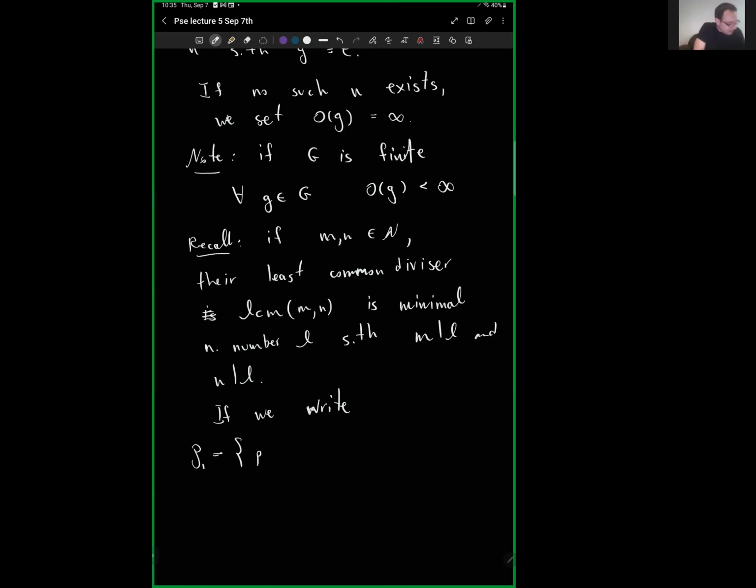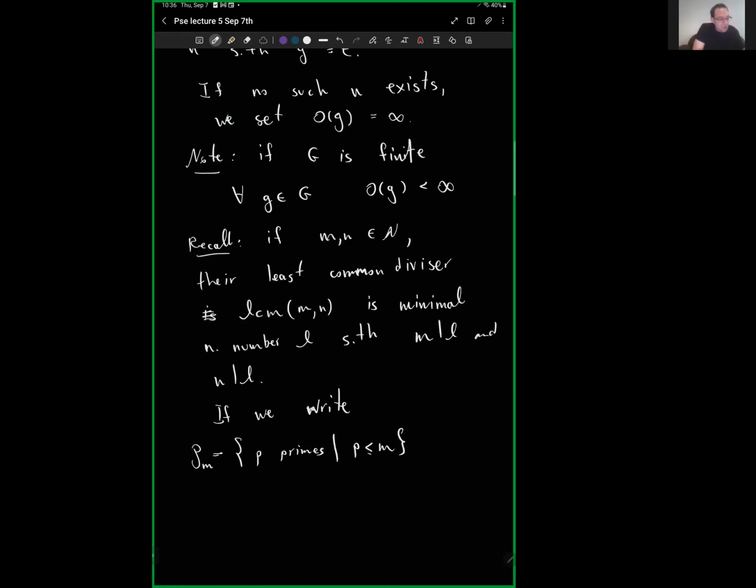Let's take P_m to be all the primes that are smaller or equal to m. And what you do is you look out of P_m which are the primes that divide m.